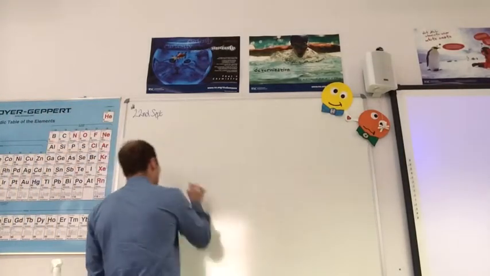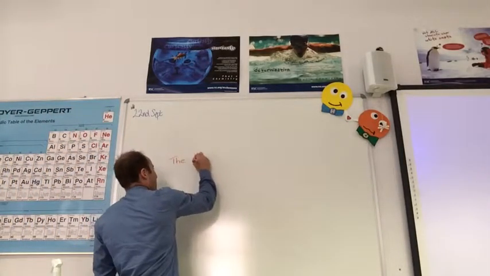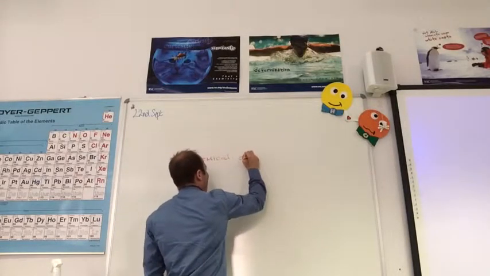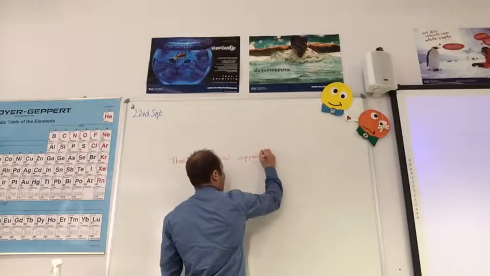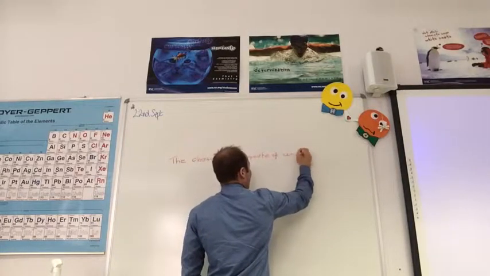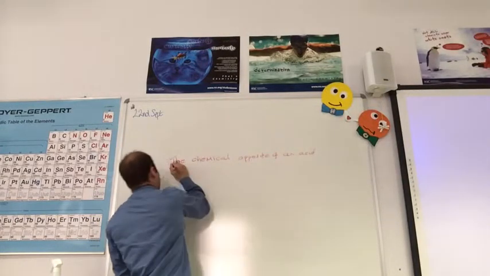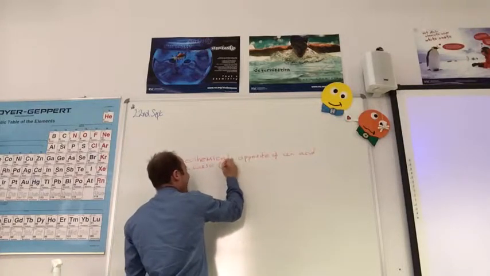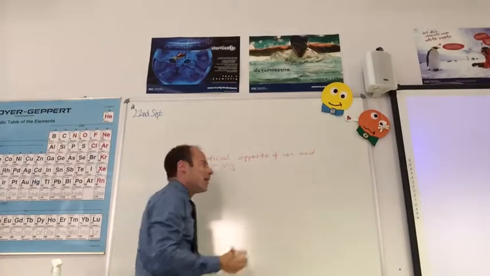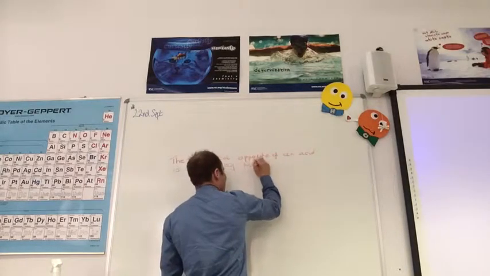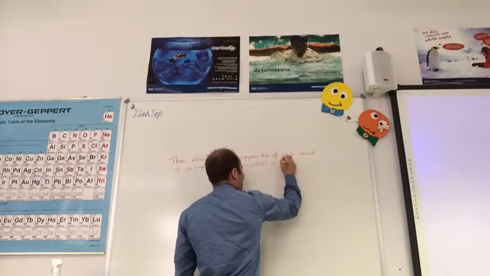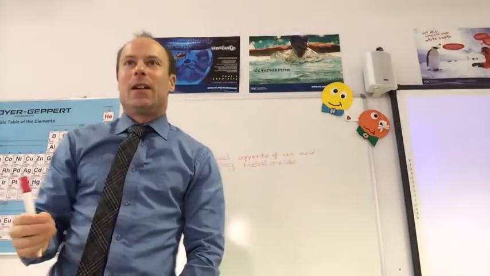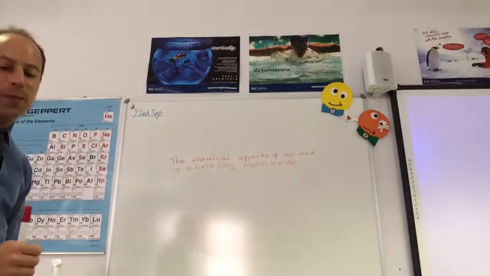So we can say the chemical opposite of an acid, which is a bit like GCSE, is a base. And examples of bases are metal oxides. So something like magnesium oxide, sodium oxide, they're all bases.